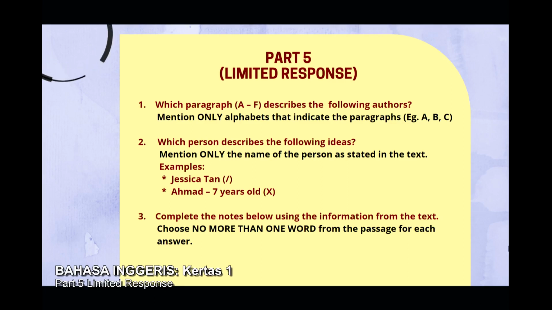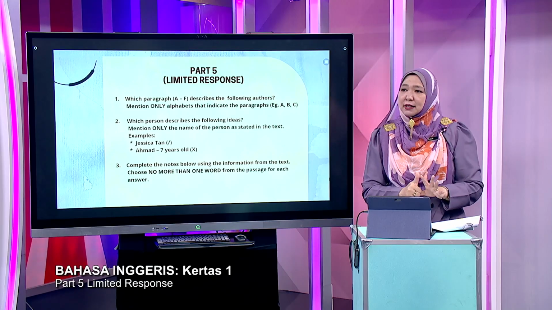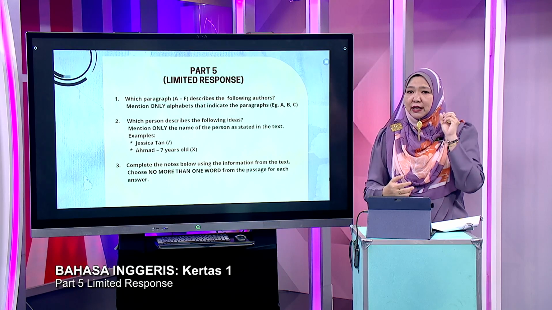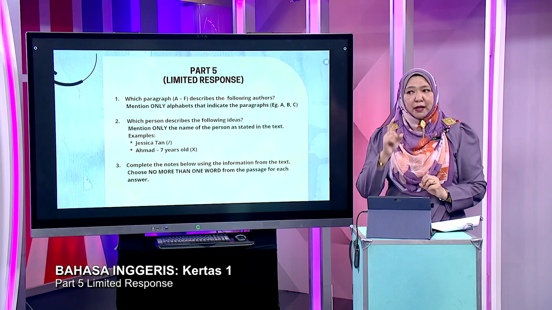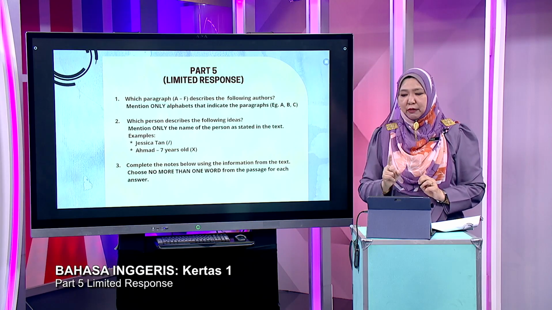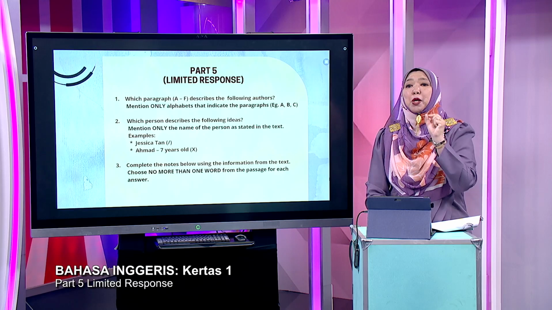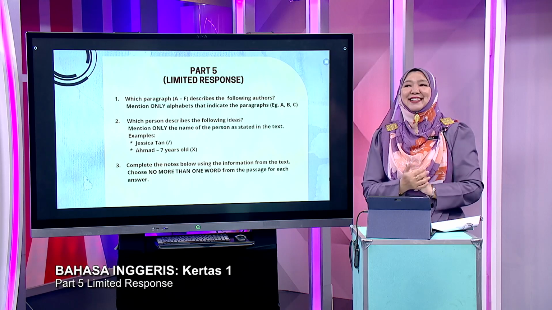For example, you have A, you have B, until we have F, 6 persons there. Even though there are names of the person, don't ever mention the name, because the instruction is which paragraph.